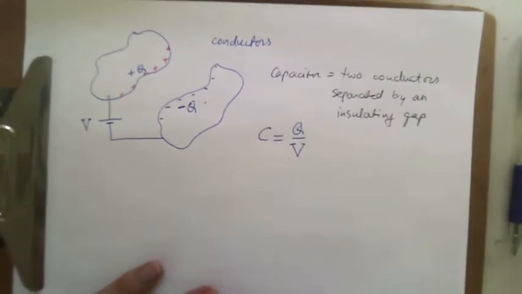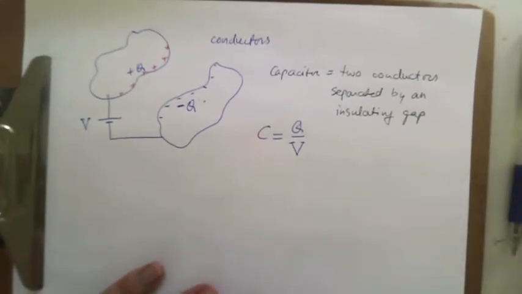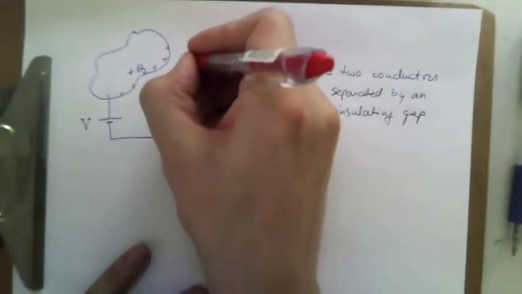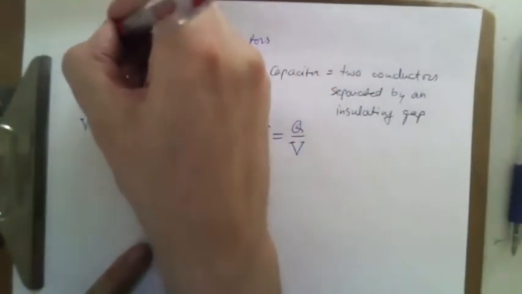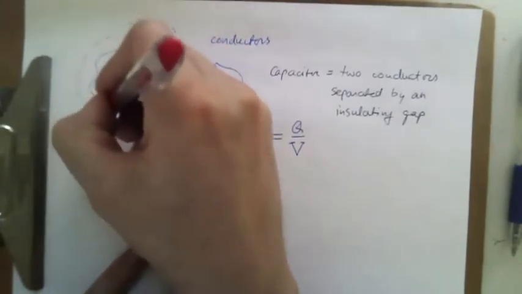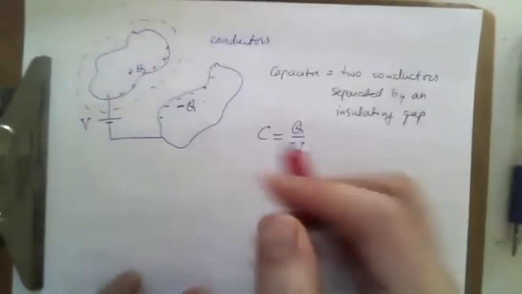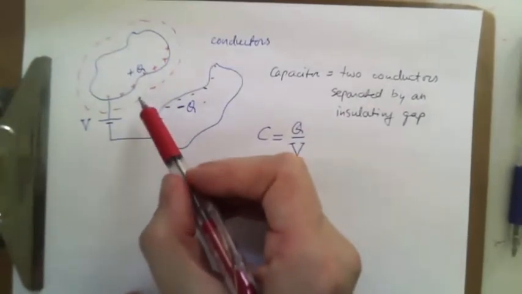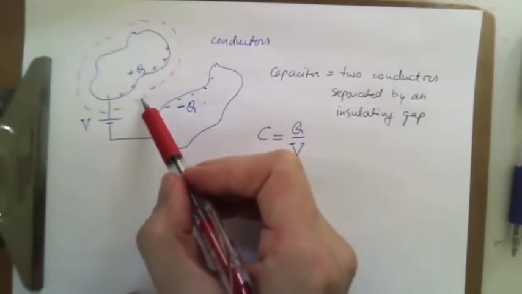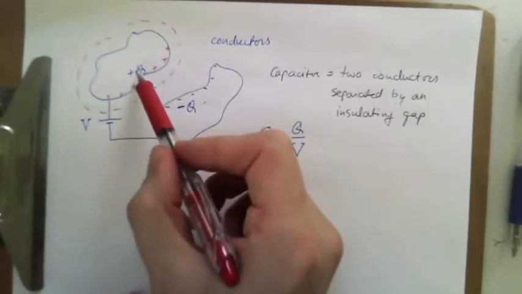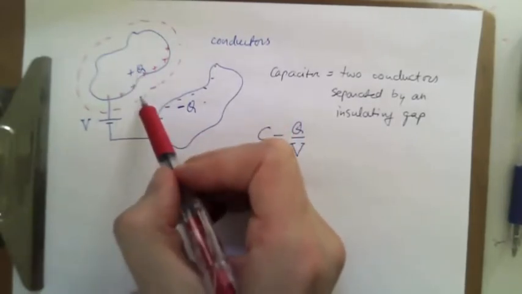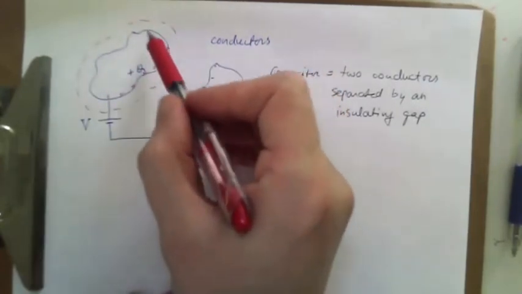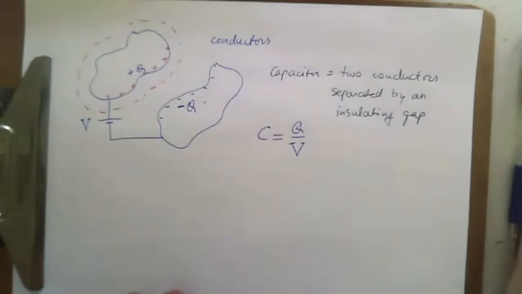Well, yes, indeed, we can, because we can always take a Gaussian surface. So let me take a Gaussian surface here. And Gauss's law will say that the electric field at this location is going to be proportional to the charge stored on this capacitor. We might not be able to actually evaluate what that number is, because this geometry is highly irregular, but there will be an electric field.